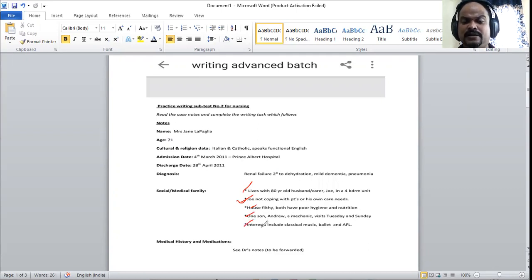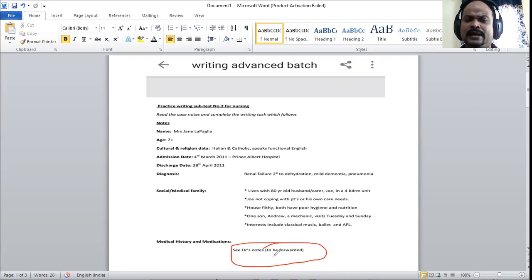Classical music, ballad, AFL, I don't think that is very relevant, though I can keep it in mind. One thing is very important: the patient's husband, Joe, is not able to take care of her. This is something relevant here. Now see doctor's notes to be forwarded, so medical history and medications.